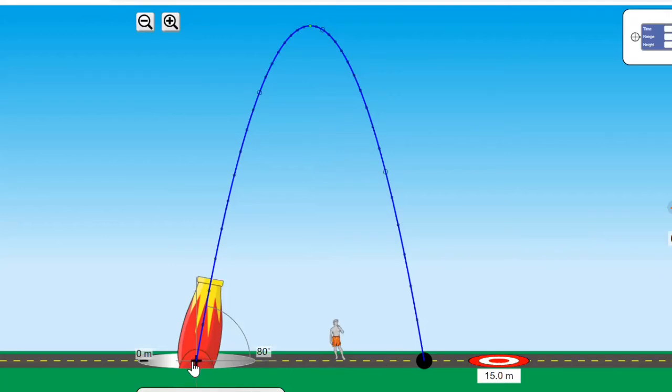If I name this one point A and this one point B, this distance between them we name the range. Right now, let's use our tape measure and see what the range is. Okay, it's about 11.22.